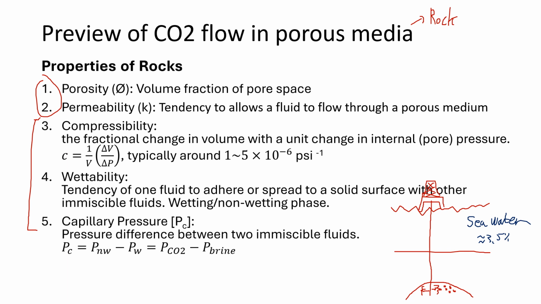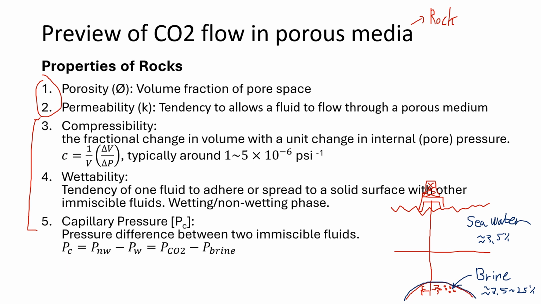But the water in the formation is not fresh water, and this water is called brine. By definition, brine has a salinity larger than seawater, so it's going to be larger than 3.5%, and it can go up to 25% concentration. So we have a much saltier water than the seawater in the initial formation.